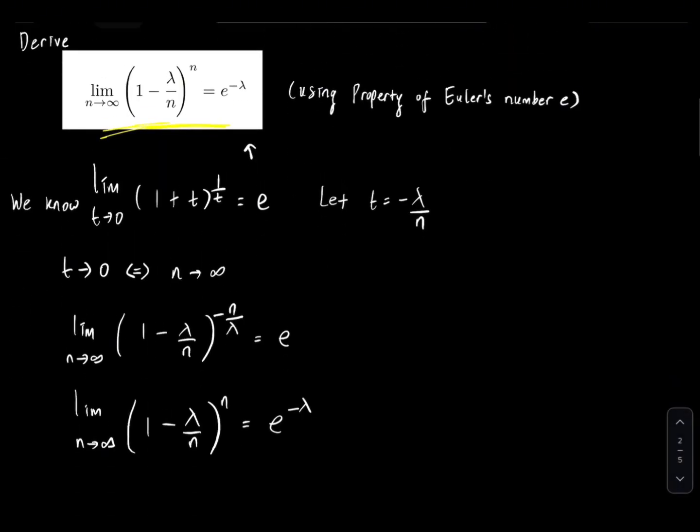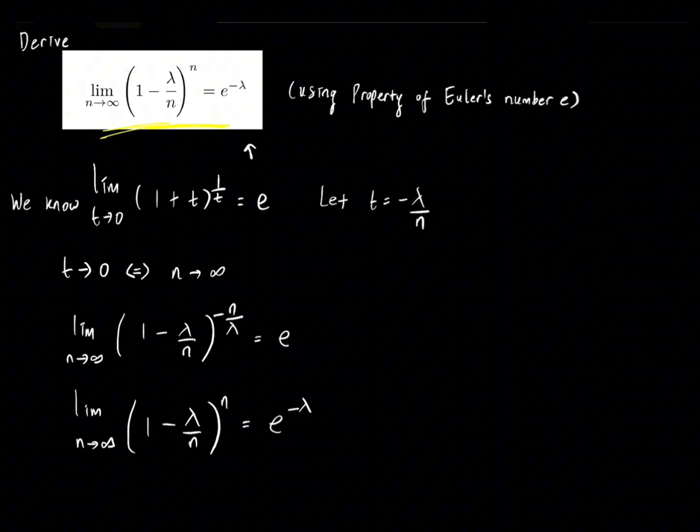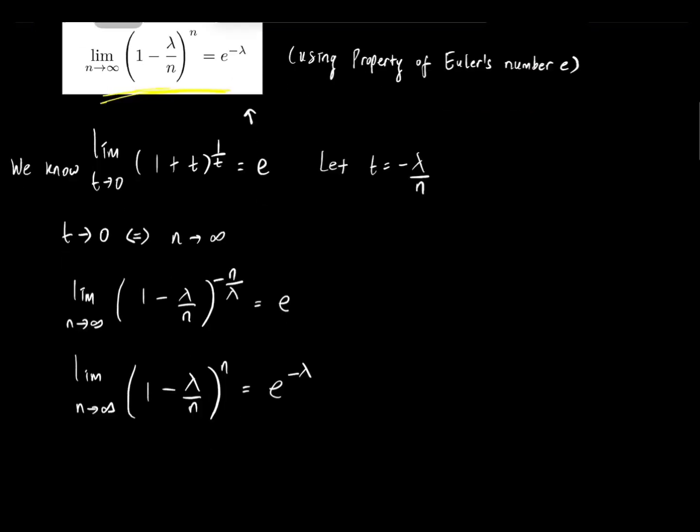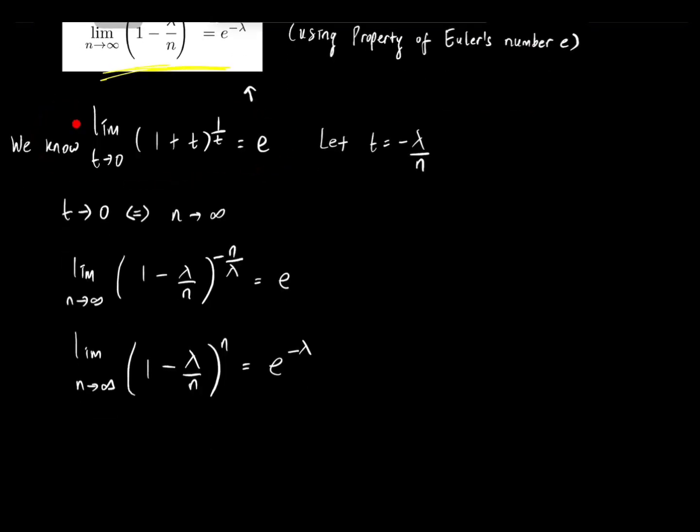The second one is, we need to derive this formula using the property of Euler's number e. We know this property, that the limit as t goes to 0 of 1 plus t to the power of 1 over t equals e, Euler's number.